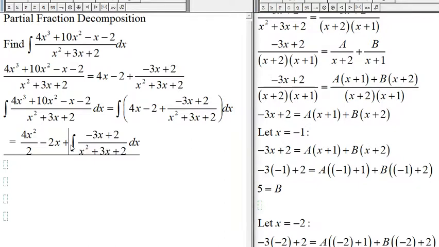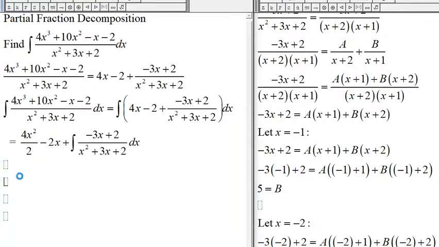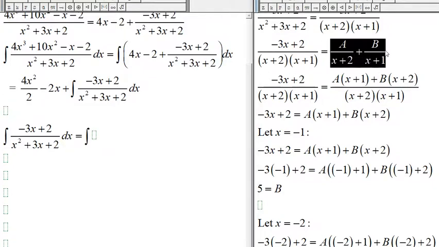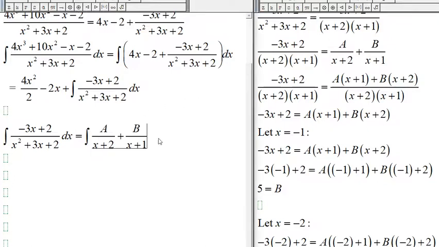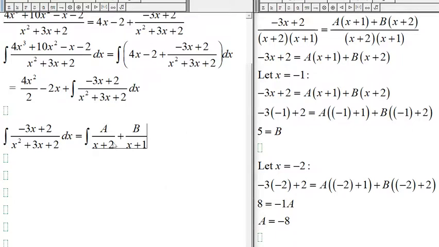And so this integral right here will be this. And then we found that B is 5 and A is negative 8. So this is negative 8 and this is 5.